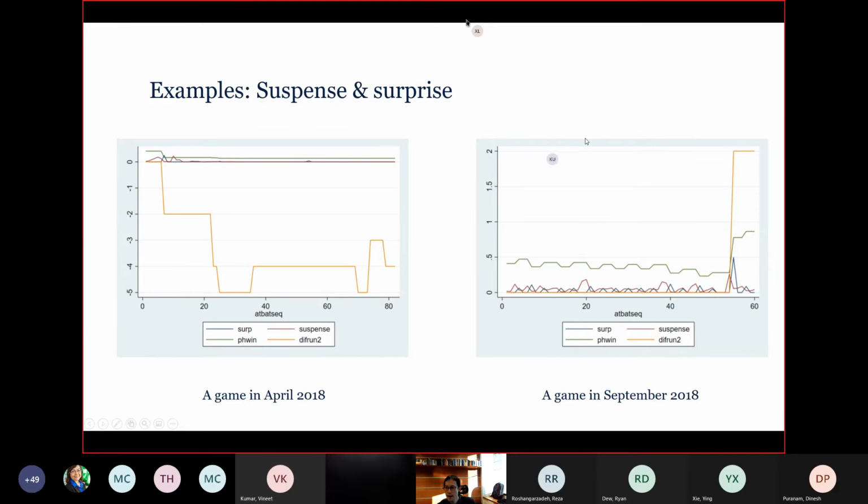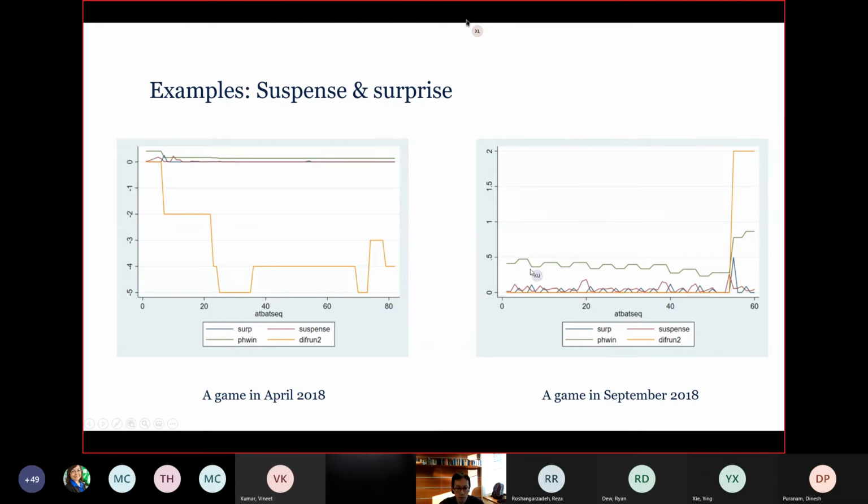On the other hand, the right-hand side is a more exciting game in the sense that the score difference between the two teams is 0 up until maybe the 9th inning. In the 9th inning, the home team gets 2 scores and wins the game.